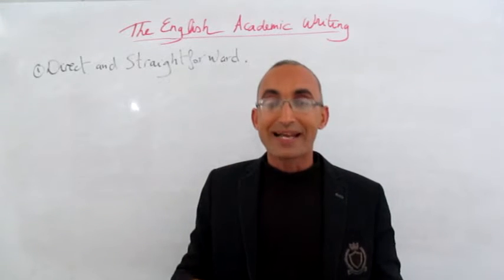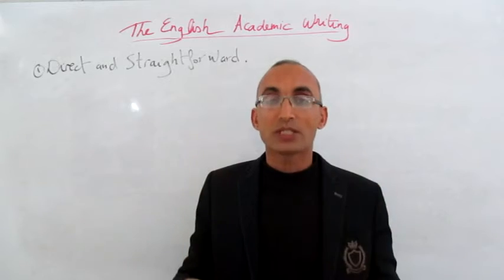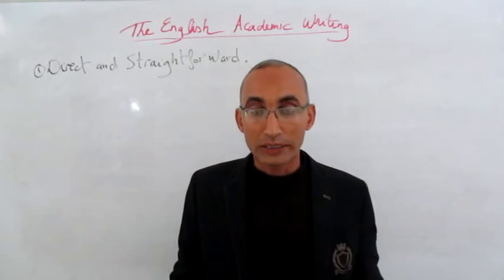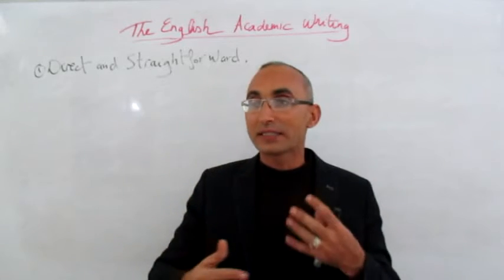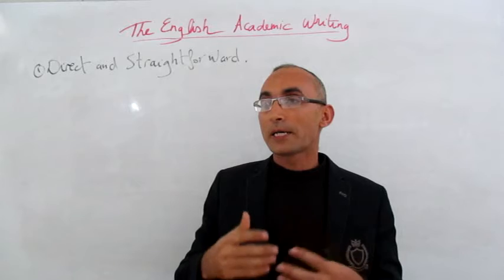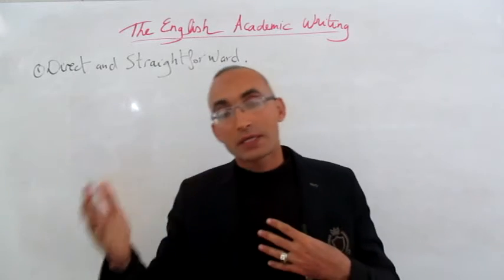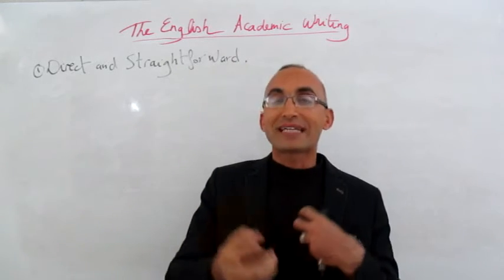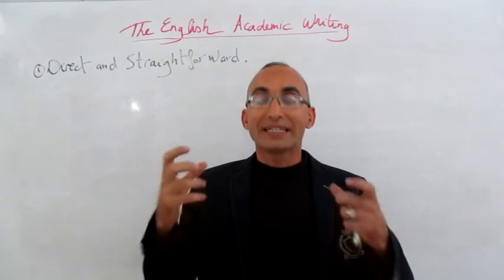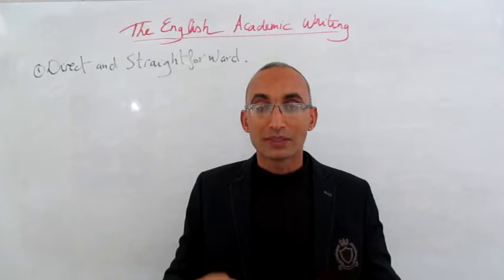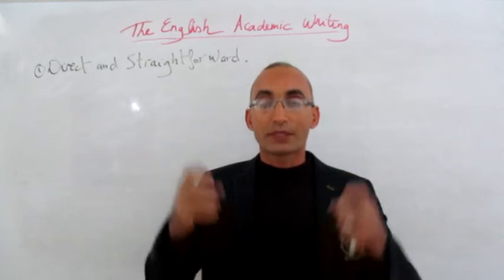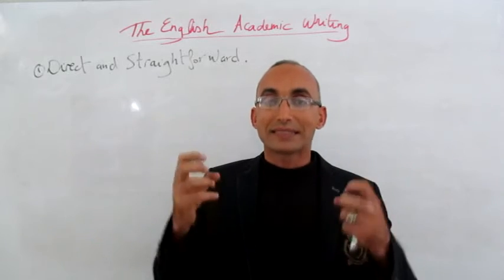tackling and discussing and touching this topic directly without any need for any kind of delay, for rhetorical purposes or just to attract the reader's attention or to do things like this and that. In English you have to touch directly the topic of your paragraph in the first sentence.